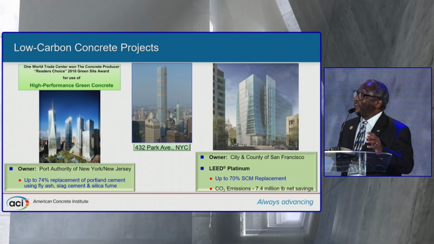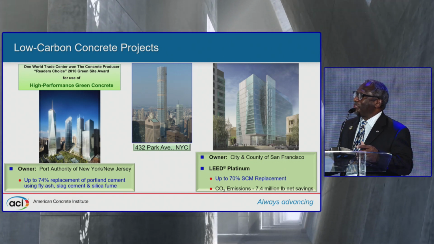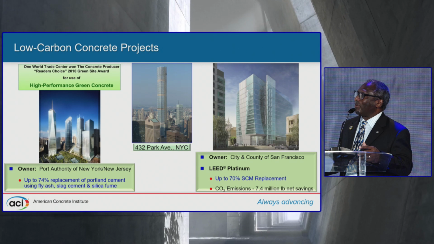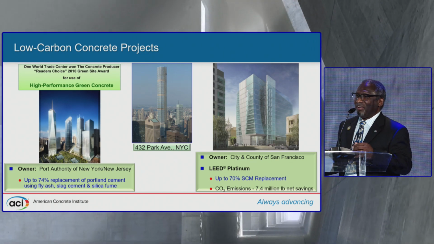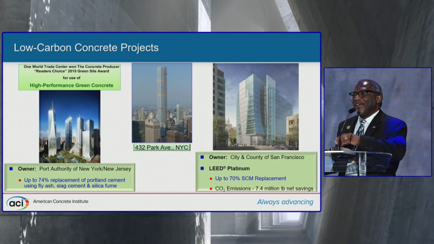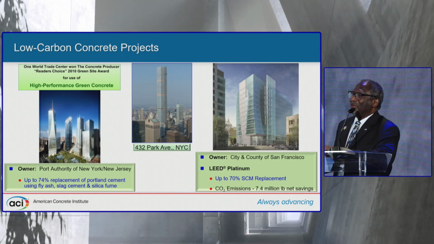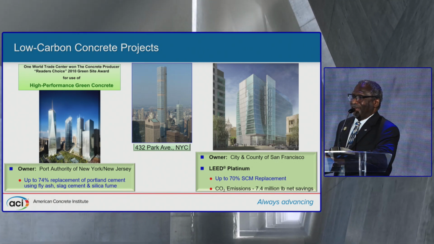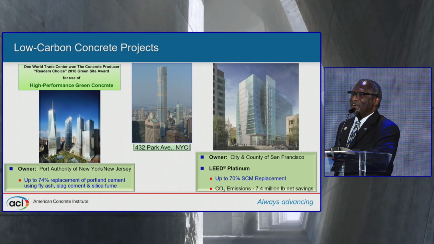What is very unique about these towers is the fact that up to 74% of the Portland cement was replaced using fly ash, slag cement, and silica fume. And these concrete mixes were extremely high strength concrete, and they had very high modulus of elasticity because of the stiffness that was required.